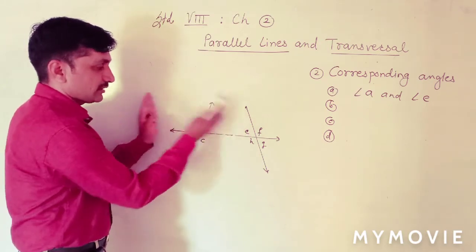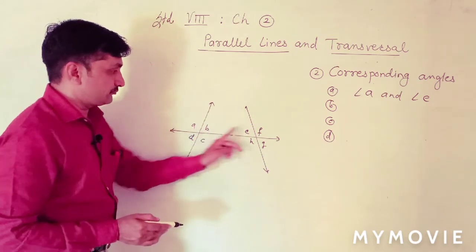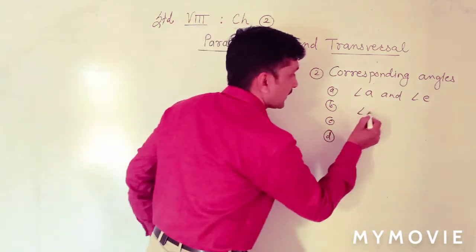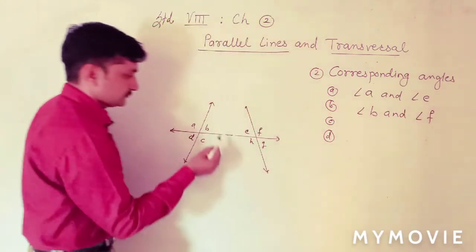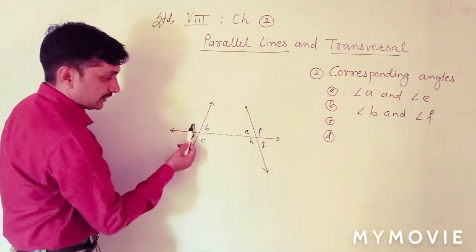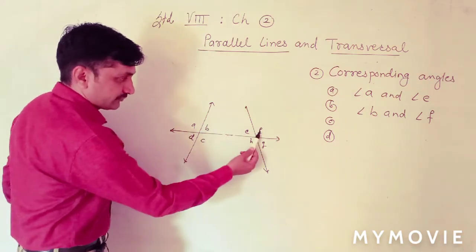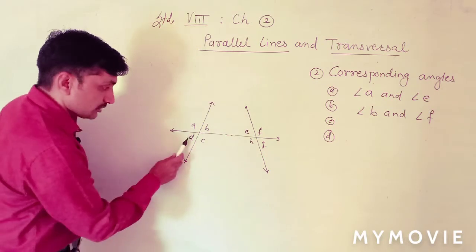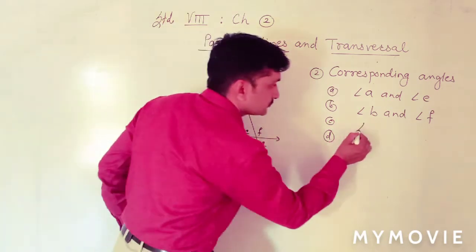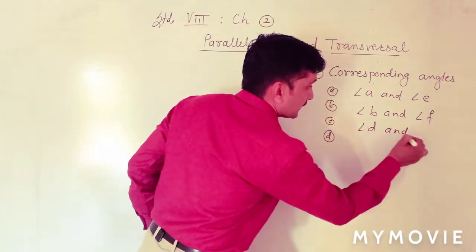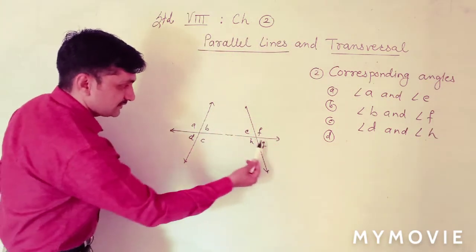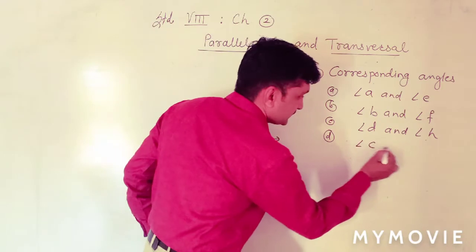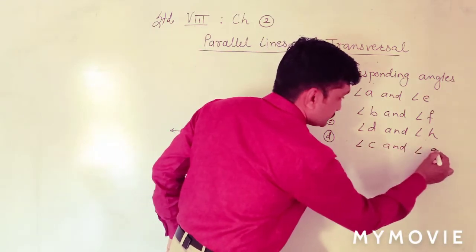Right? They are on the same side. B with F, angle B and angle F. See, AE, BF. Now below, DH, angle D and angle H, and last CG, angle C and angle G.